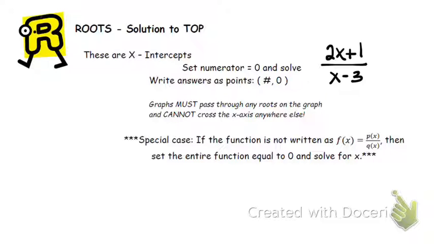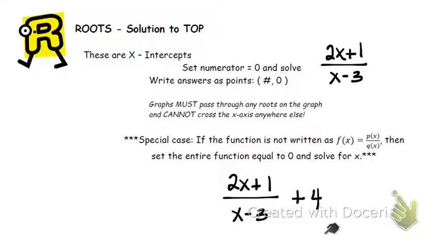That is just look at your numerator, set that equal to 0, and solve it. But a special case would be if you see 2x plus 1 over x minus 3, and I add a plus 4, okay? That's what I mean by a special case. If I'm adding something off to the side or subtracting something off to the side, then we can't just look at the numerator. We have to treat these two differently.